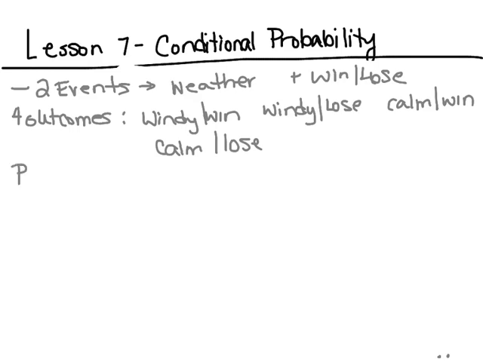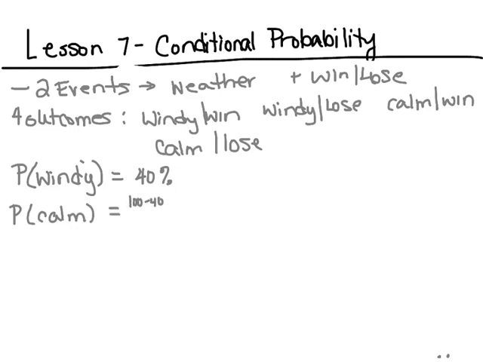So first let's talk about the probability of it being windy tomorrow. There's a 40% chance it'll be windy. That means if it's calm, it's 100 minus 40%, which is 60%. So there's a 60% chance that it will be calm.